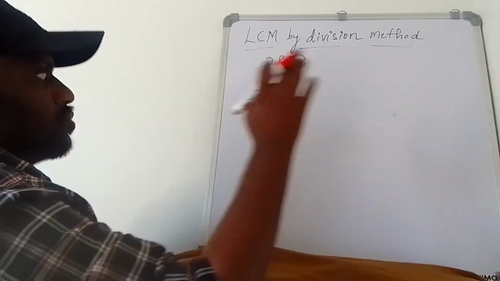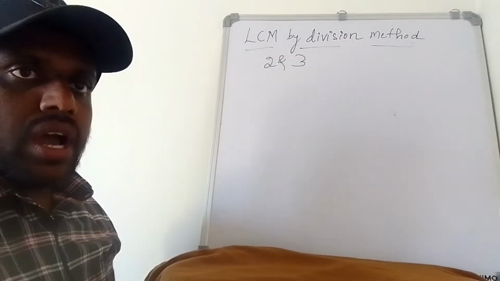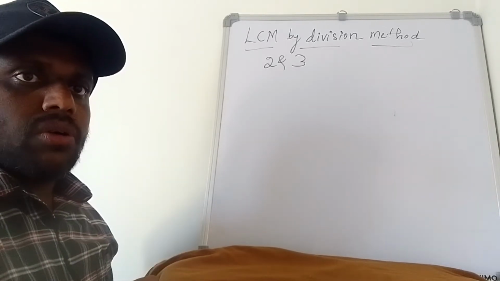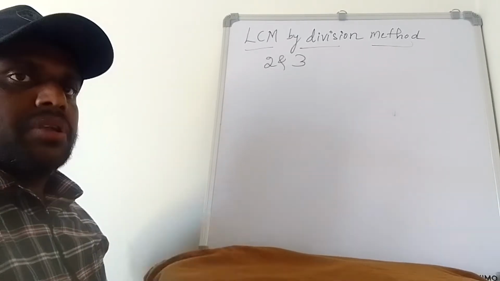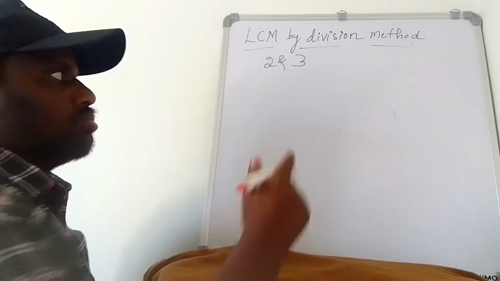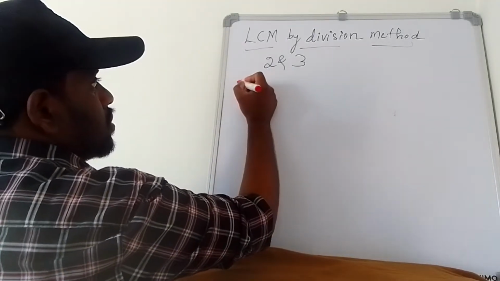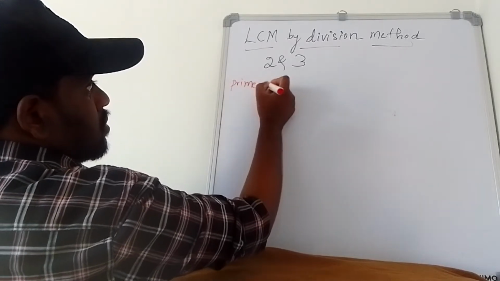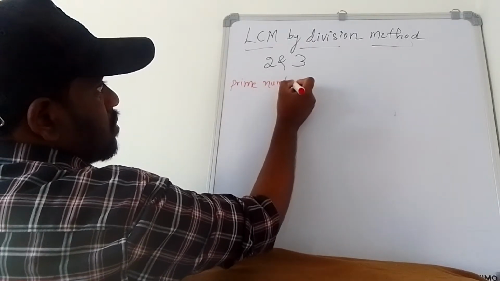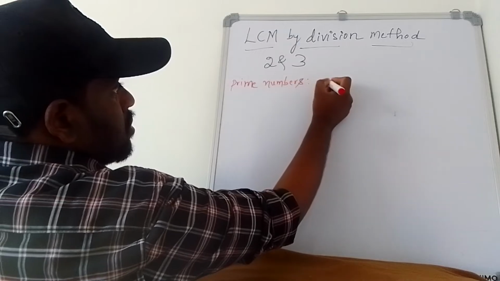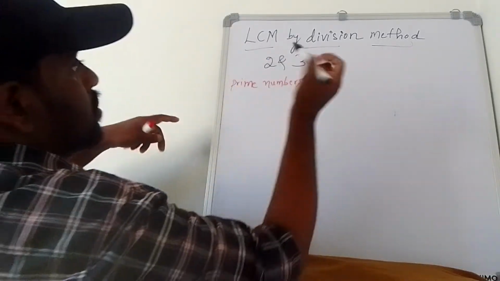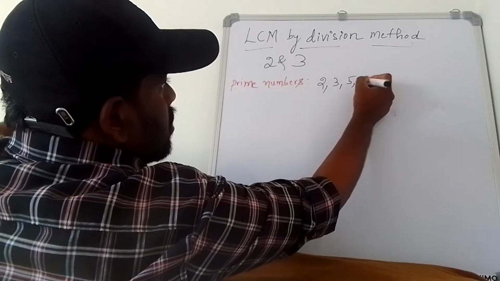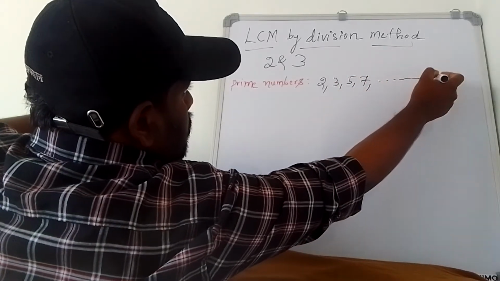I've already explained in a video what prime numbers are. Prime numbers start from 2: 2, 3, 5, 7, etc.